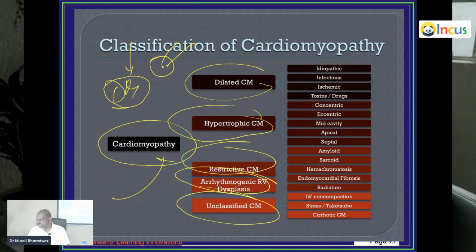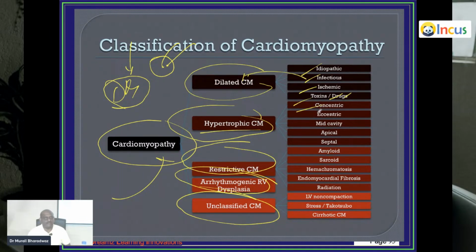SK is asking, sir, how will I differentiate arrhythmogenic ventricular dysplasia from constrictive or restrictive? First of all, between constrictive and restrictive, you know, the endomyocardial biopsy, right? So, doctor, idiopathic, infections, ischemia, toxins, drugs are all dilated.